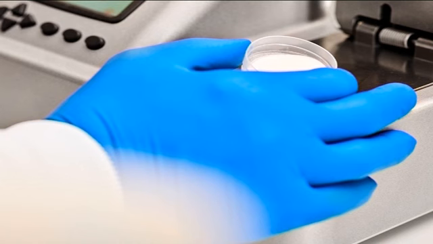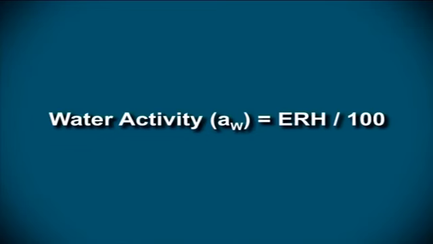Water activity in practice is measured as the equilibrium relative humidity, abbreviated as ERH, and is given by the formula: water activity, that is aw, is equal to ERH divided by 100. Various organisms thrive at varied water activity. A few are listed in table 3.